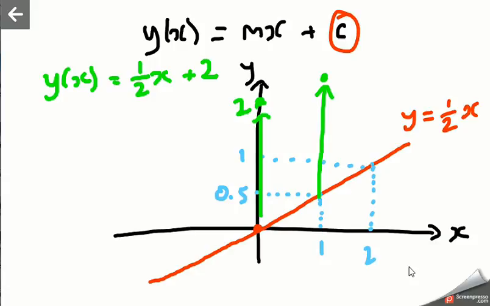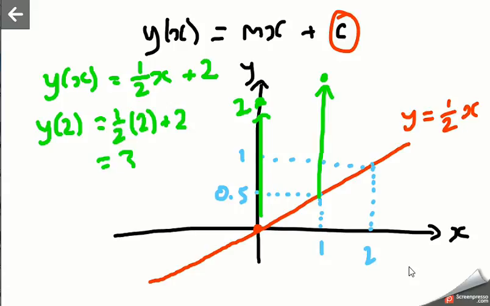And once more, when we put 2 into our new function, y of 2, that's going to be 1/2 times 2 plus 2. Well, of course, that's going to be 3. So we're going to be way up here. And again, we've increased by 2. And in fact, for every single point on this line, all we do is move it up by 2.